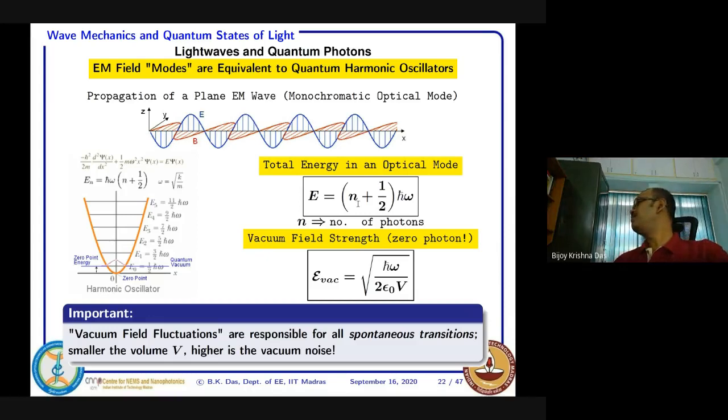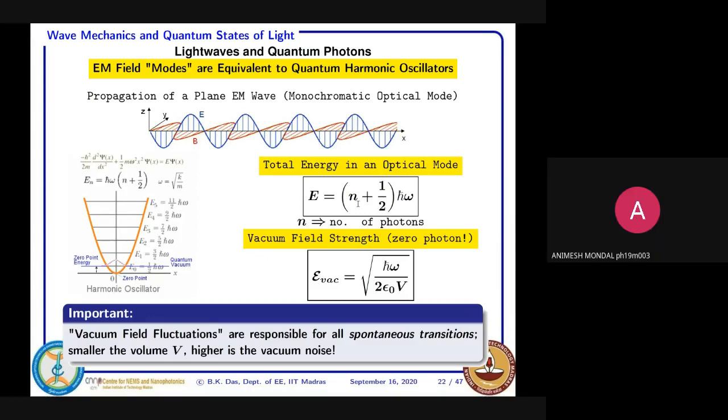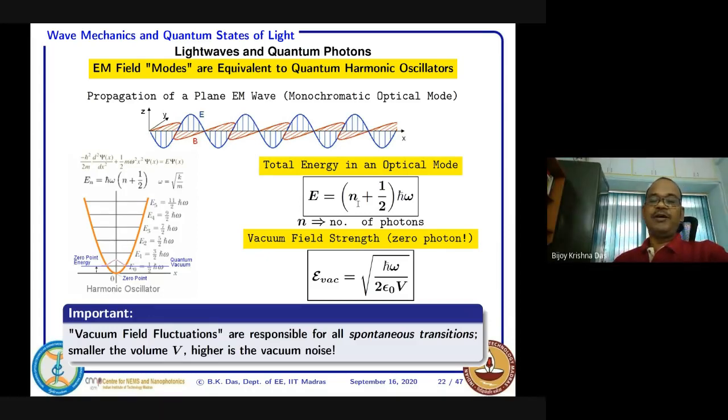Anyone can answer? Photon number. It is basically a photon number, because you can think that if the E field magnitude is increased, then the energy increases. And when energy increases, you can imagine that, as we have learned, energy is always concentrated in a fundamental unit like a photon.